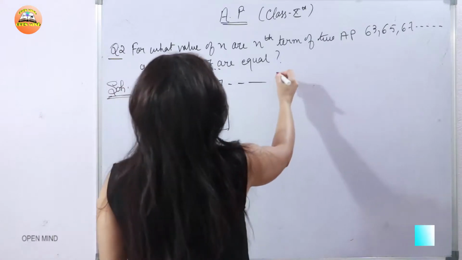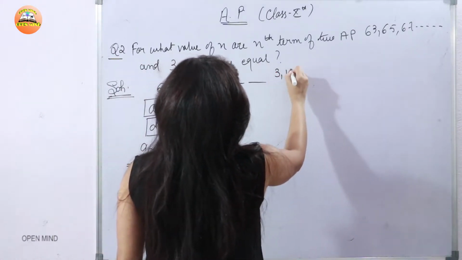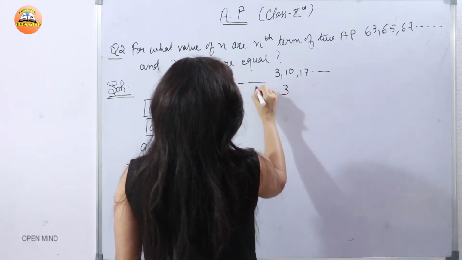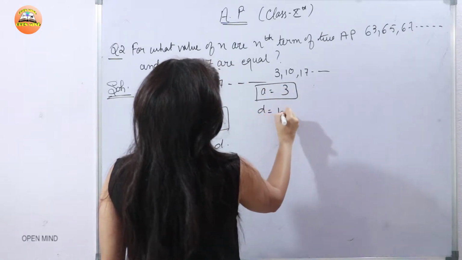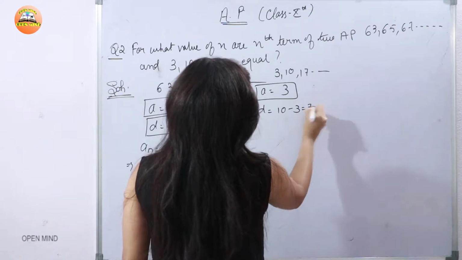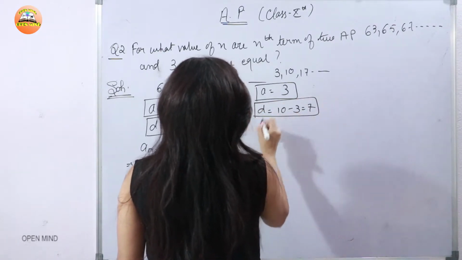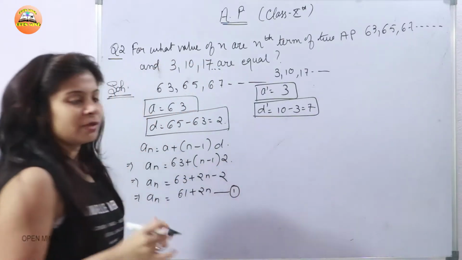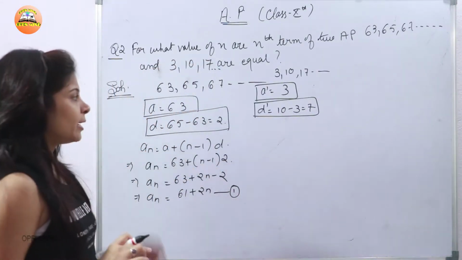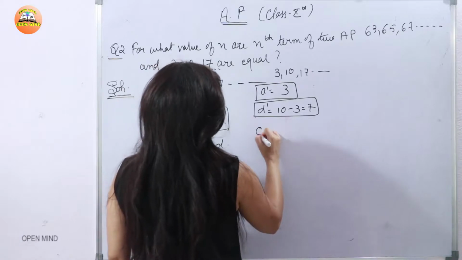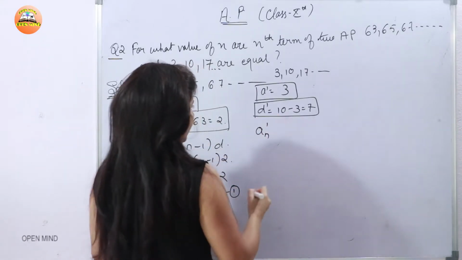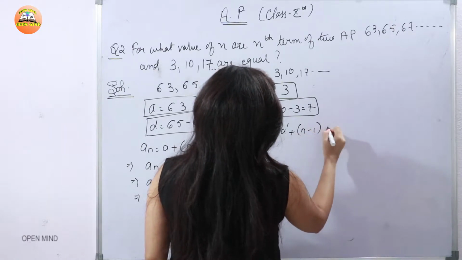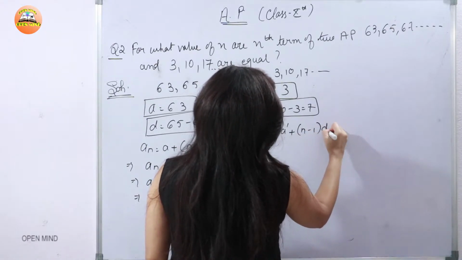Now we write another series: 3, 10, 17 and so on. Here a is 3. What is d here? 10 minus 3, which is equal to 7. Now write it as a dash, d dash, because this is for another series. We are just differentiating with the help of dash. And for an, you can write an dash, that is a dash + (n - 1) d dash.